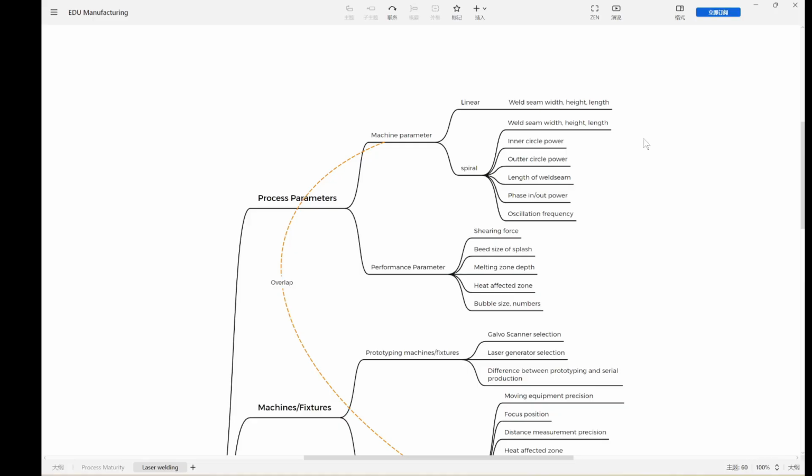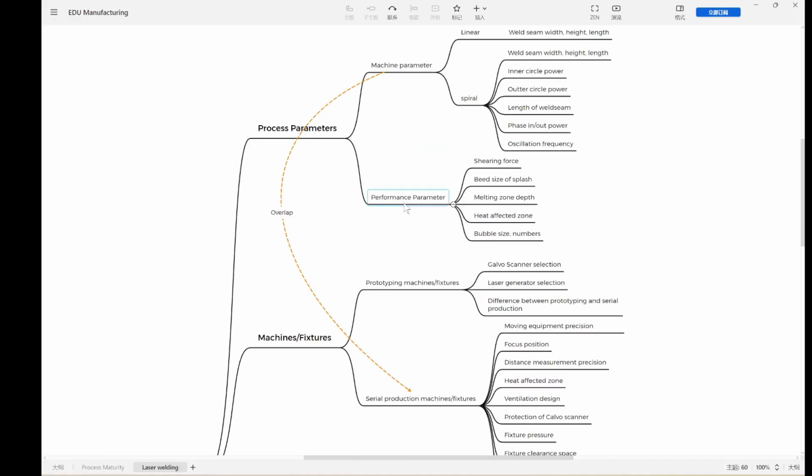Then you do it again at your serial production machines or serial production lines, and they will be changed again. But as long as you know the methodology, you will be clarified, or you can have confidence to say, I know how to achieve the machine parameter, and then the performance parameter.